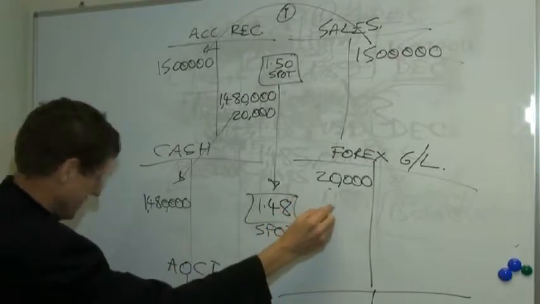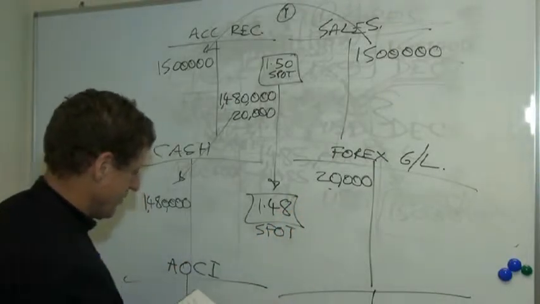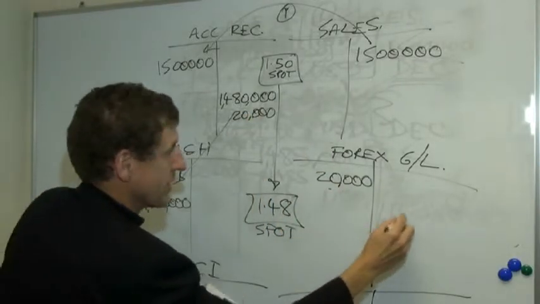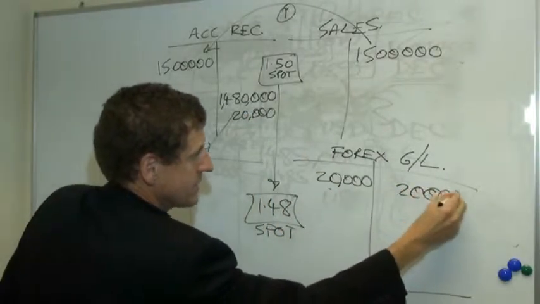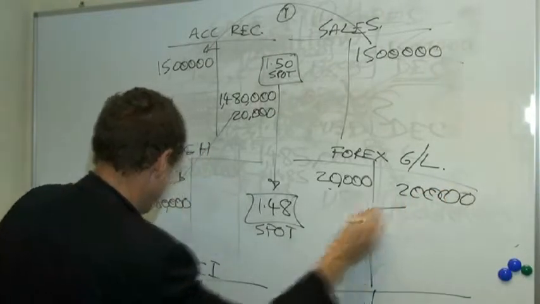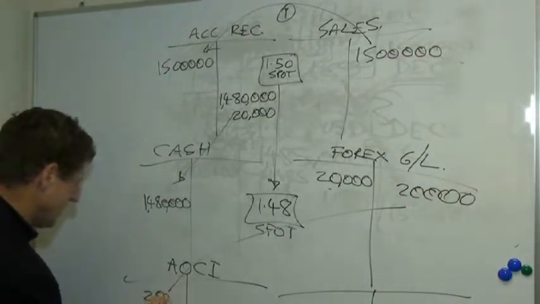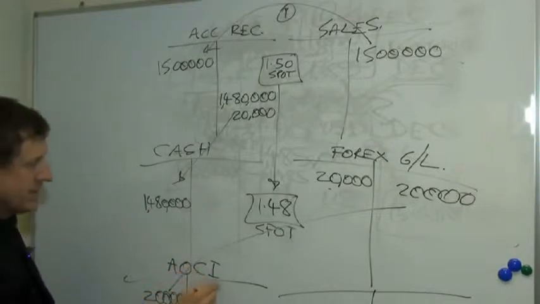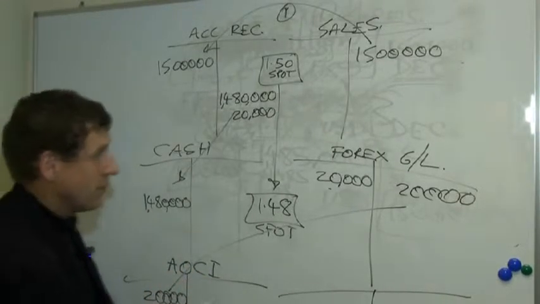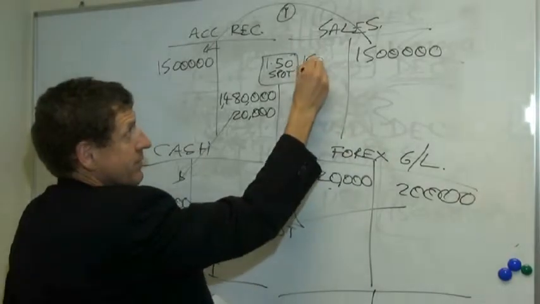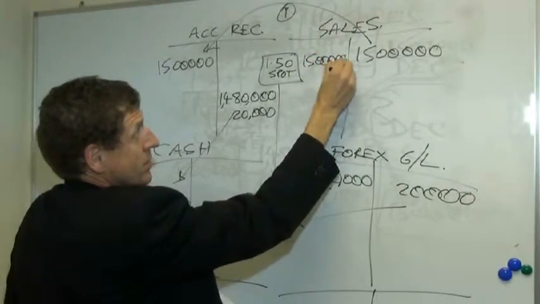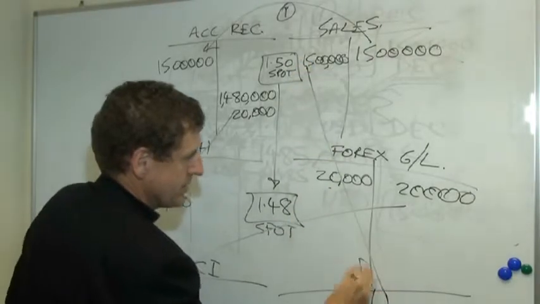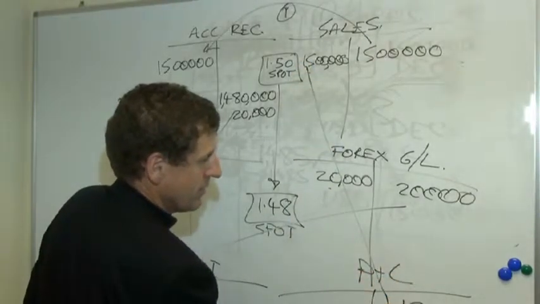So we've got our Forex loss, and we're going to close this out over to here, which is a loss in other comprehensive income. And then we've got sales, 1.5 million here. That's going to go down into the P&L. Right, 1.5.